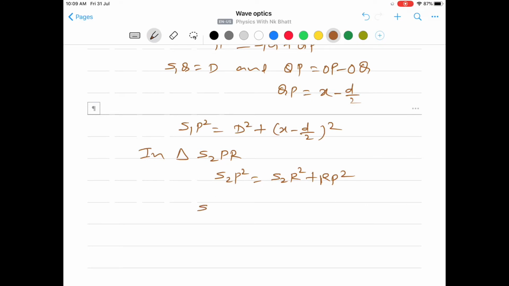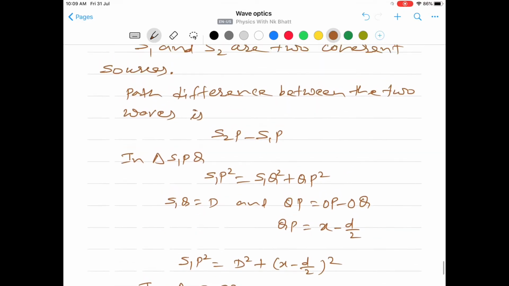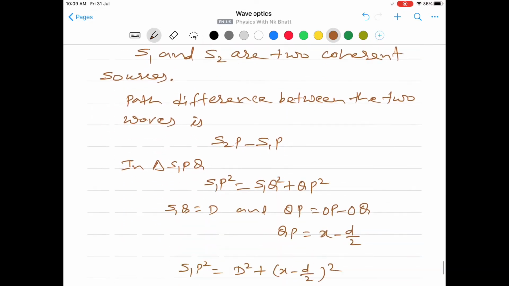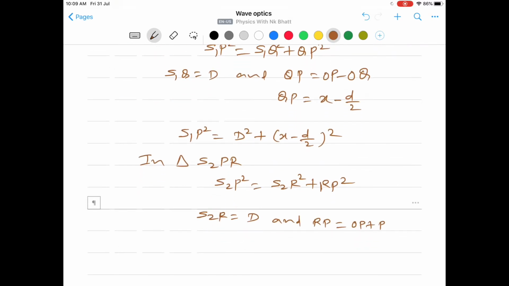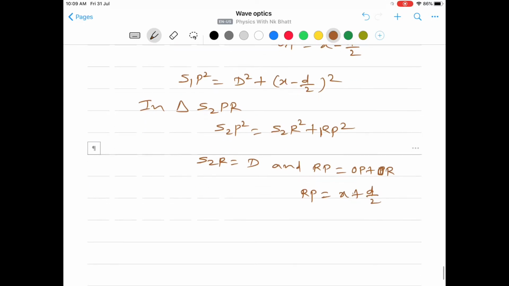S2R is equal to capital D and RP is equal to OP plus OR. So RP is equal to OP, which is x, and OR is again d by 2.